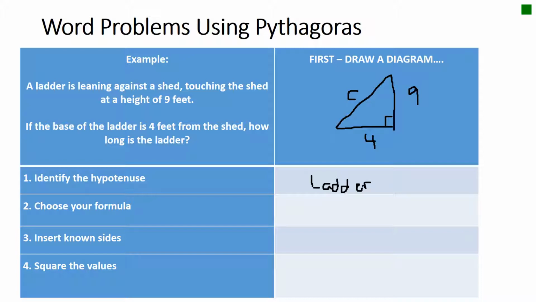Okay, so choose your formula. So that should be your c squared equals a squared plus b squared. And you have to insert the sides you know. So our sides that we know are 4 squared and 9 squared.